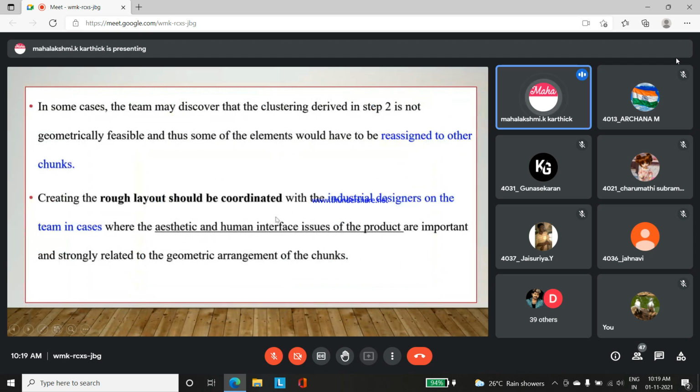For the laptop you use, that appearance has come from both the product architecture team as well as the industrial designer team. The aesthetic and human interface issues of the products are very much important and strongly related to the geometric arrangement of the chunks.